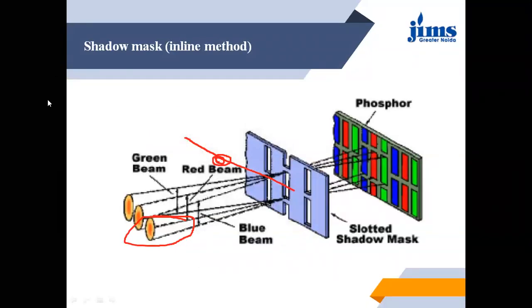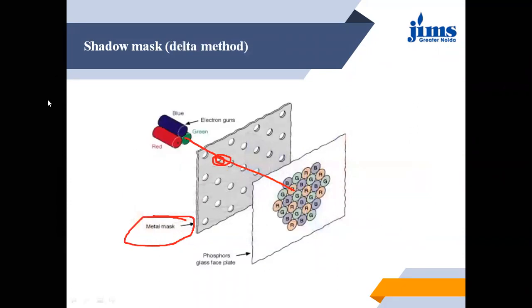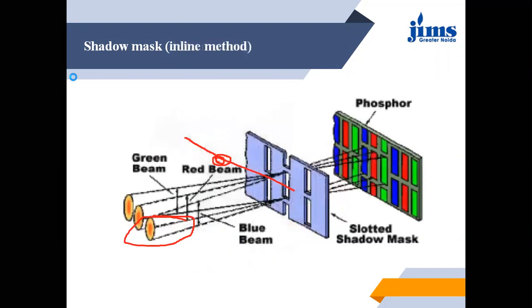In the inline method, if you see over here, in the delta method a metal mask with circles is used, but in the inline method we use a mask that is slotted.